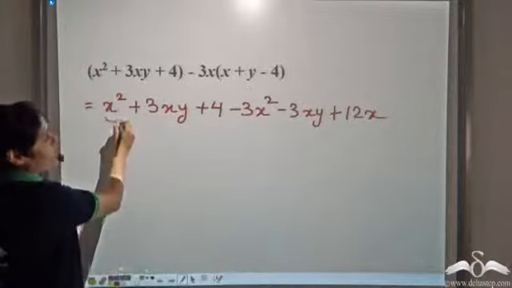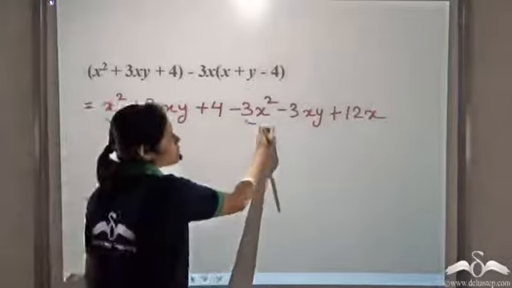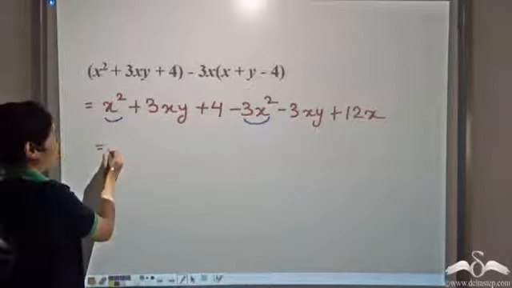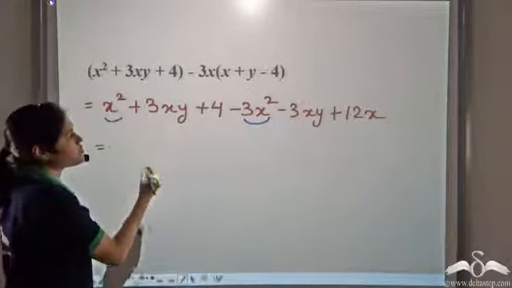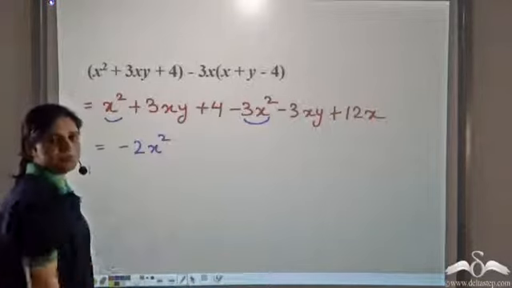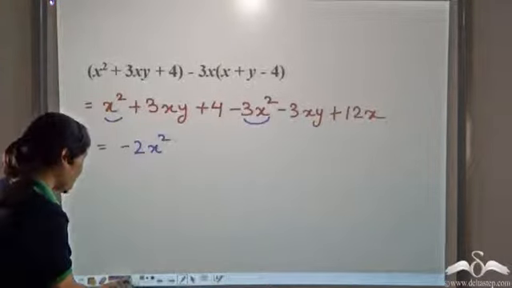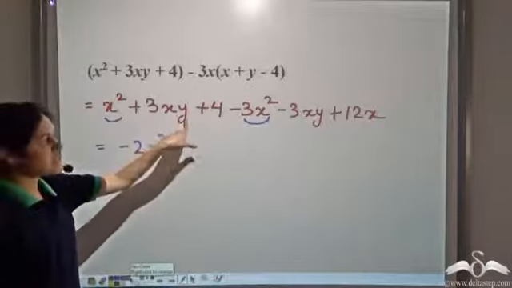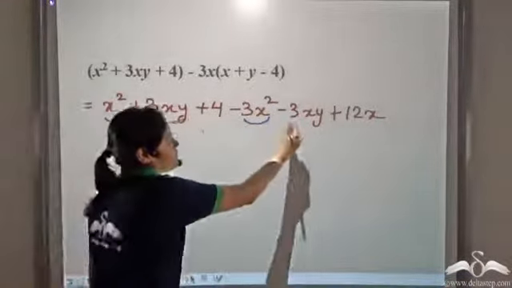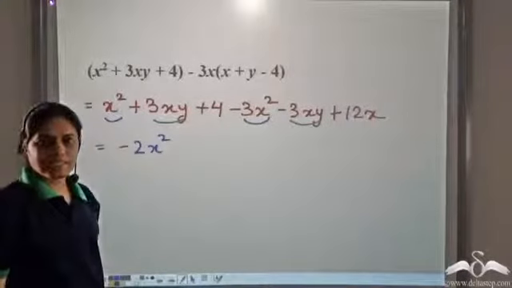Now, if we see whether we have any like terms. So we have an x square term here. We have an x square term here. So yes, these two are like terms. So x square minus 3x square can be written as negative 2x square. Again, we have a plus 3xy minus 3xy. So these two get cancelled.